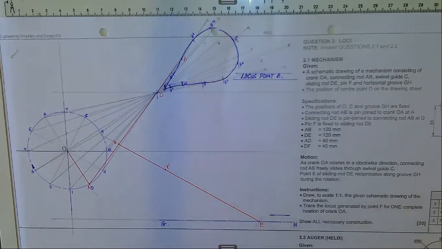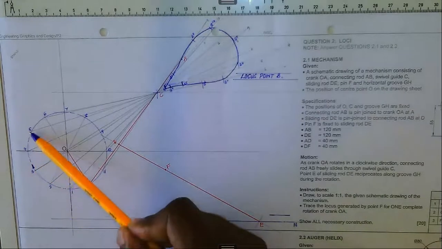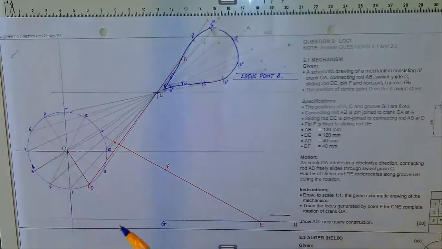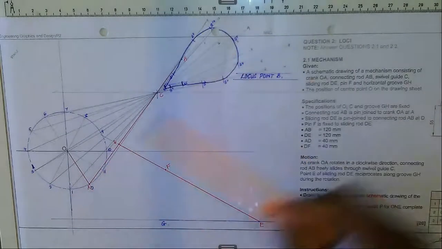Remember, what is critical is once you have located point 1, point 2, point 3, point 4, point 5, point 6, and so forth, you then need to get AD, then locate it on these lines which are going there.